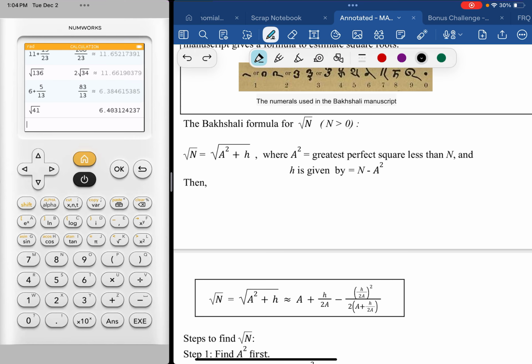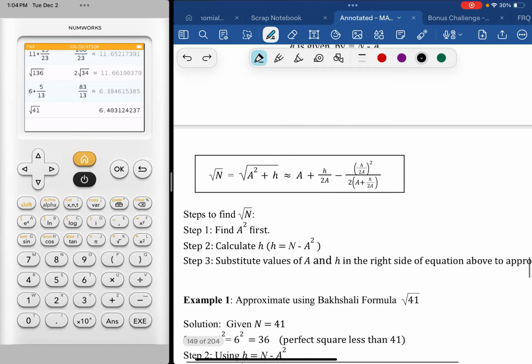Some familiarity based off of what we were just doing in the previous video. A squared is the greatest perfect square less than n, and h is given by n minus a squared. So we're talking about relative distances again.